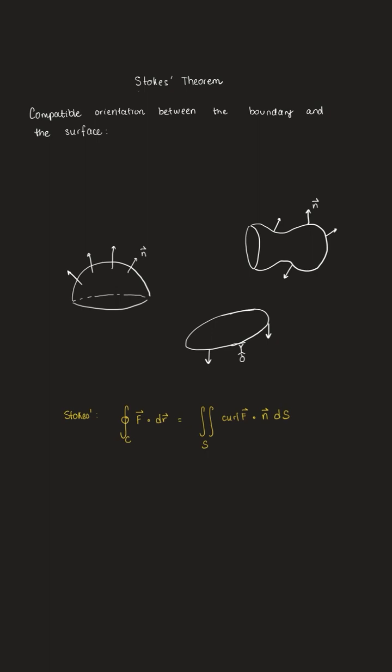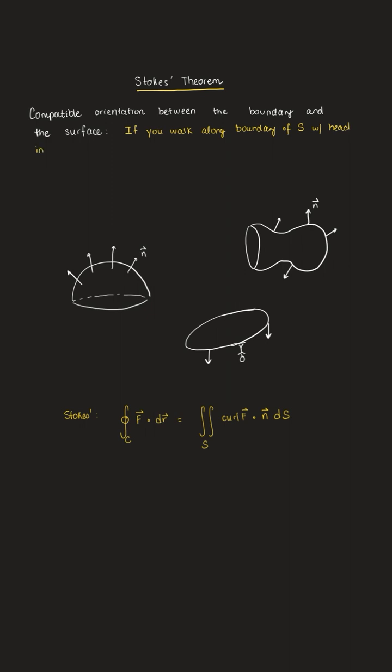Okay, in this video, we're just going to discuss what we mean by the boundary of a region in space that's enclosed, to be oriented in the same way as the surface. In terms of orientation, this is how we can think about it: if you imagine walking along the boundary of your surface S, with your head pointing in the direction of the normal that you've already specified, right?